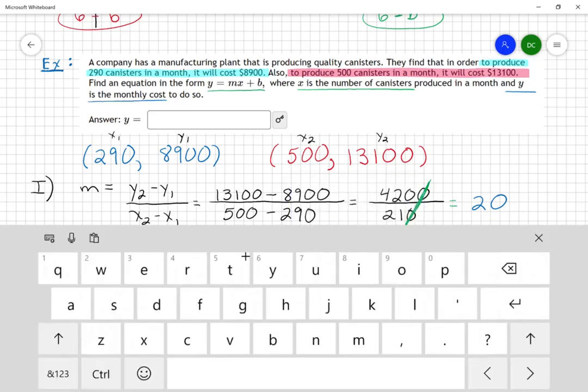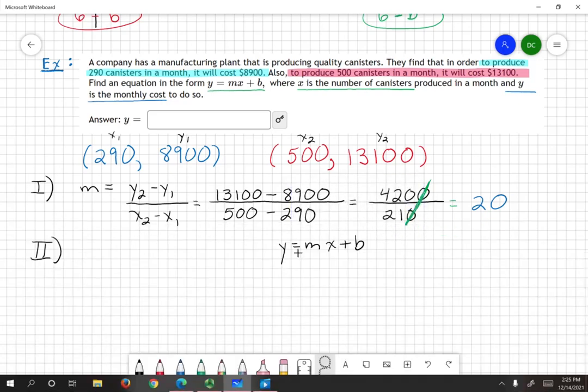So let's do it. Why not indeed? Let's first use the blue. So y is 8,900. y equals mx plus b. Remember, we just found our m, it's 20.